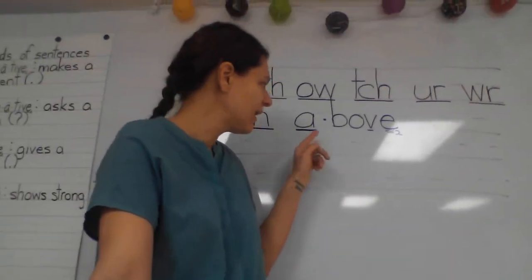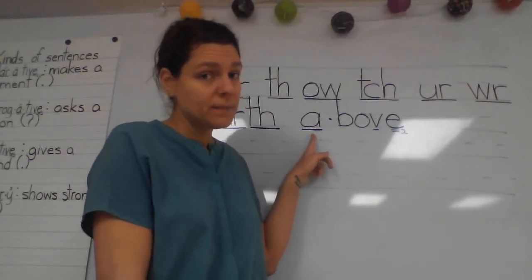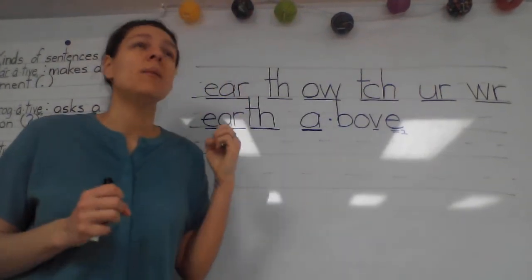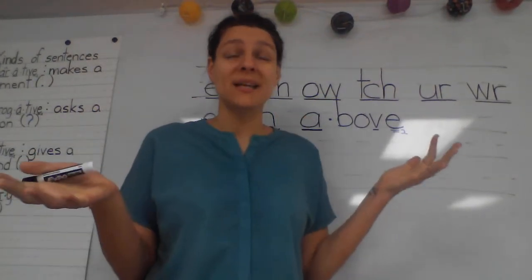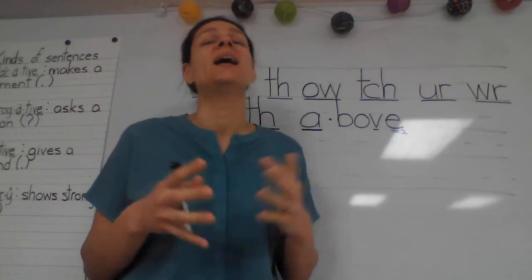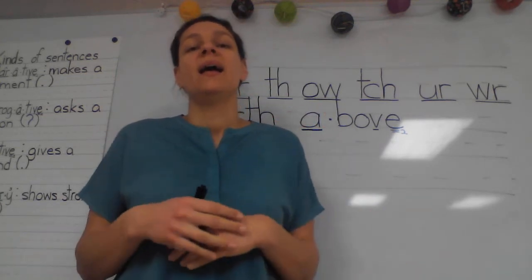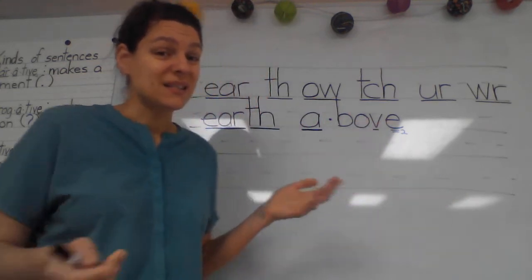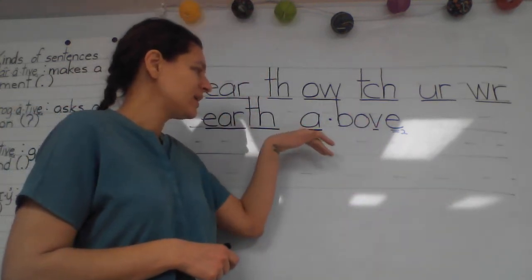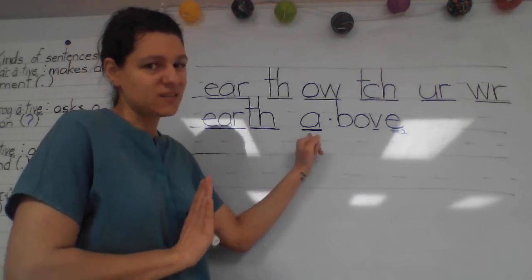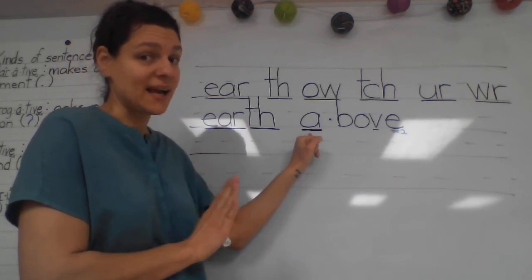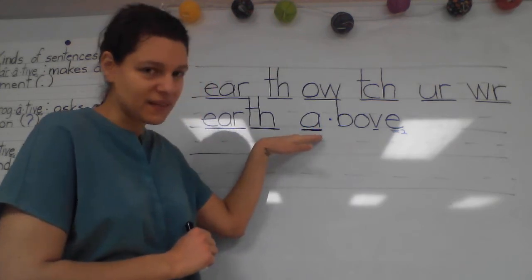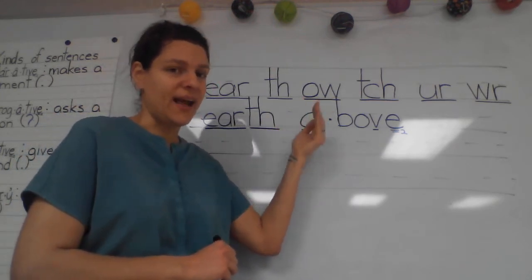Remember when we have an open syllable, A, all by itself at the beginning of a word, we almost always say uh, like in along and around, and we've had other words this year too. So we are not going to put a thinking cap on this. We're just going to remember that we say uh for this, even though we spell it A. All right, so that's one thing that's different.